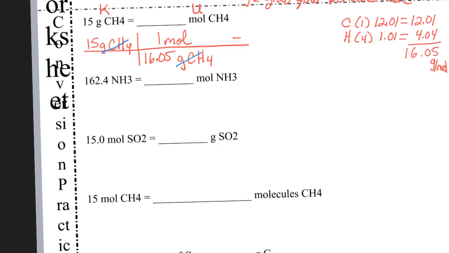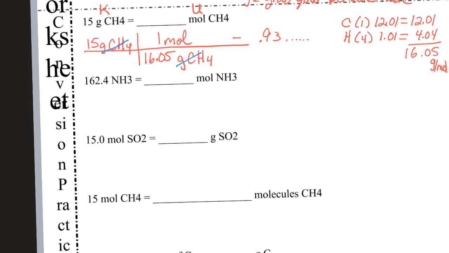I am ready for the calculator. You put this in the calculator, 15 times 1 divided by 16.05 is going to be equal to 0.93 and so on. It gives us a whole bunch of numbers after that.